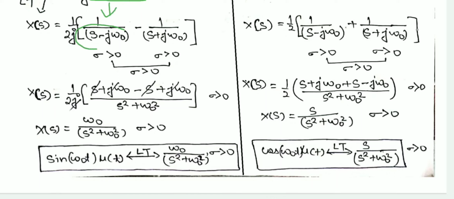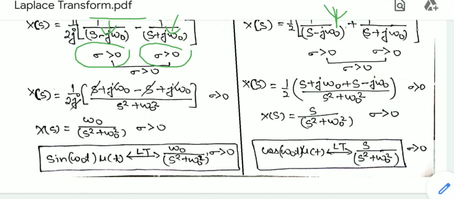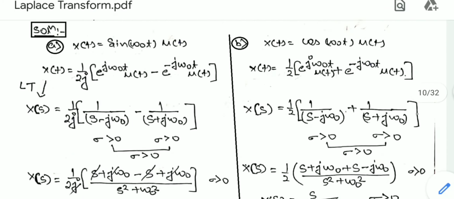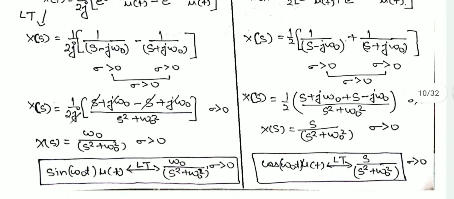Therefore, it will become s minus j omega. In the same case here, it becomes s plus j omega. Okay, the Laplace transform of e to the power j omega t is nothing but 1 upon s minus j omega, and the Laplace transform of e to the power minus j omega t becomes 1 upon s plus j omega.